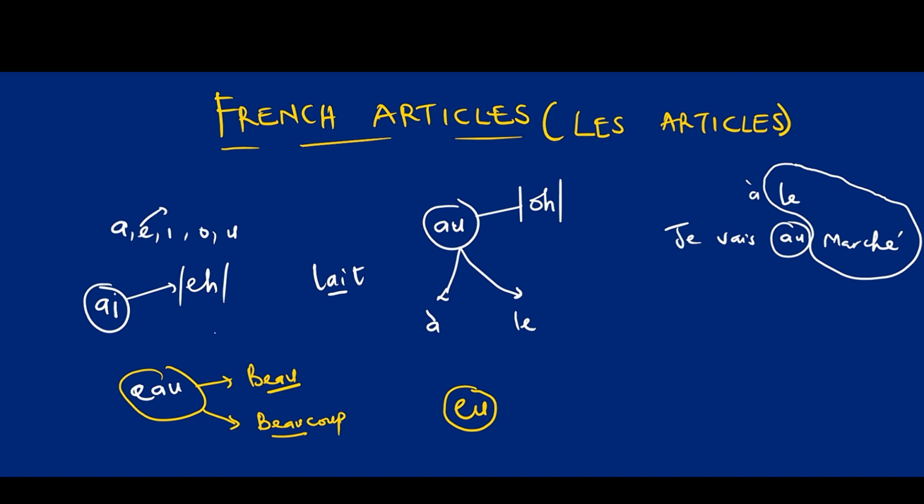Your lips will not be rounded; they will be as if one part of it is open. For example, let's have the word "peur" — look at this word. This is "peur". So do you get that? Just get this pronunciation very well.